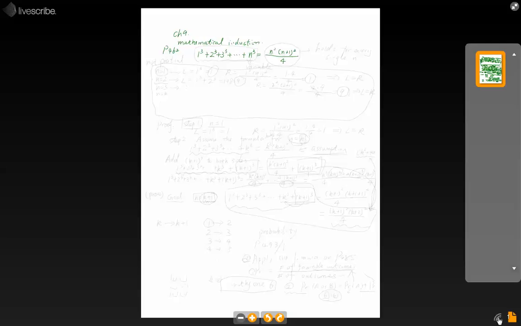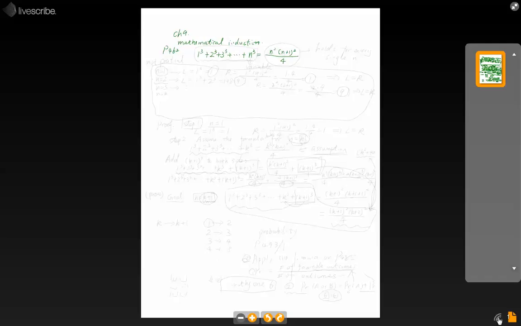The basic idea is two steps. First step, we want to prove this formula holds for a particular number, for example, for n equals 1. And then we want to prove if this formula is true for k, then we can prove the formula is also true for k plus 1.